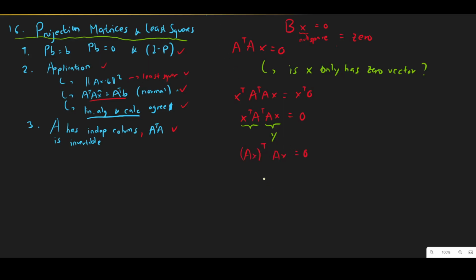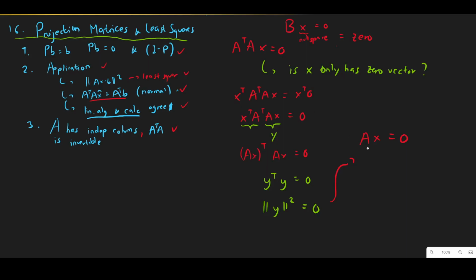So this is y transpose y equals 0, which is the length squared of y equals 0. So the vector y has length 0. That means Ax must be 0.